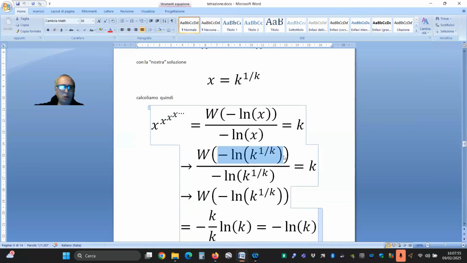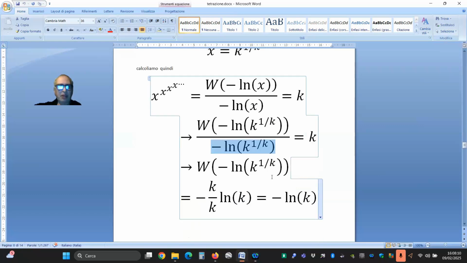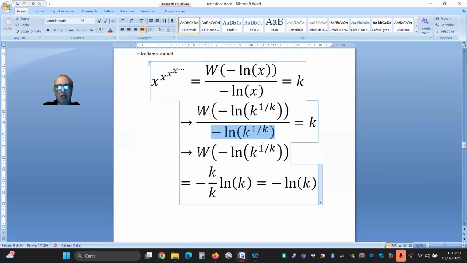We'll leave the Lambert function as it is for the moment and work on this part on the denominator. Minus the natural logarithm of k raised to the power of 1 over k. Let's use, as usual, the rules of the logarithm. Let's pull out 1 over k as an exponent, and at the same time, I've done 2 steps.